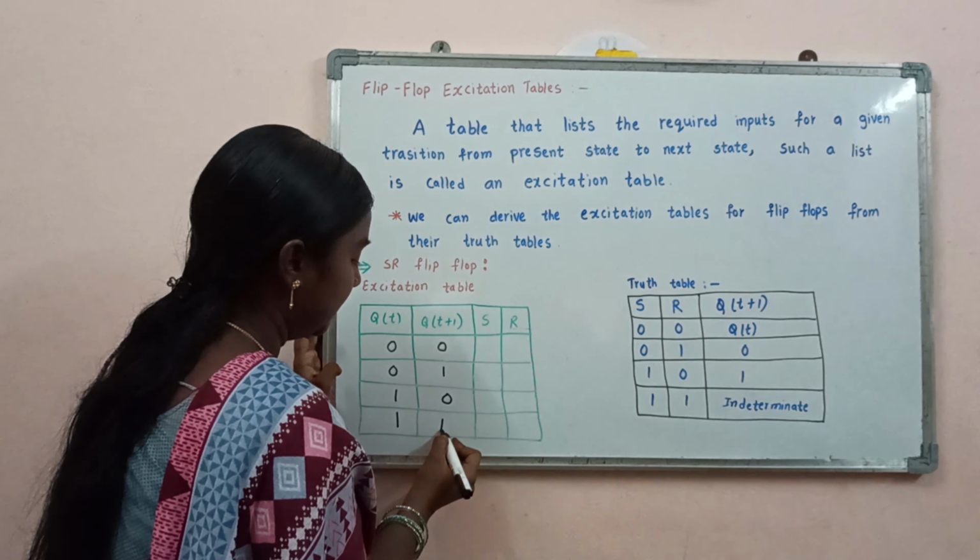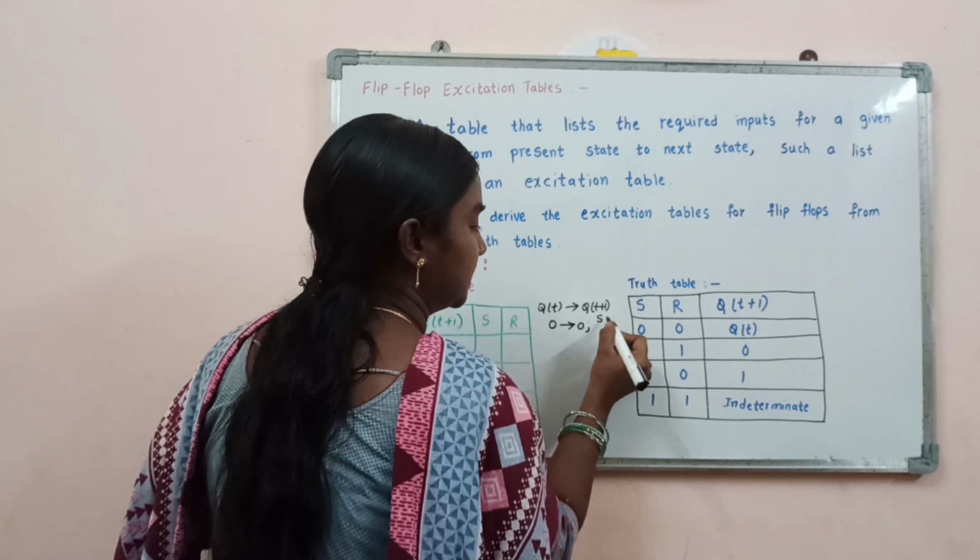Firstly, we will consider the 0 to 0 transition. In this transition, the possible input conditions we may find are like this. The transition from Q of t to Q of t plus 1, from 0 to 0, is possible in these input conditions.